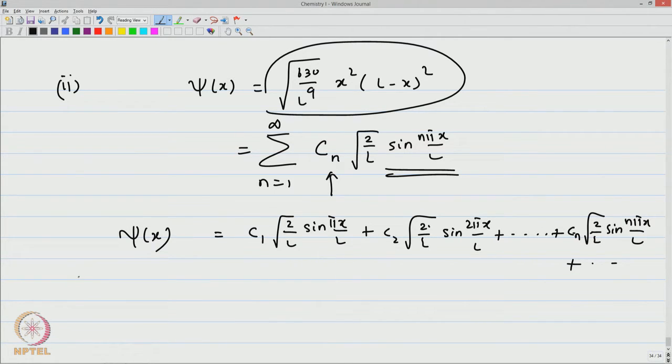So, suppose you multiply the left hand side with sin pi x by L and root 2 by L, multiply this with psi x, and then integrate between 0 and L dx.